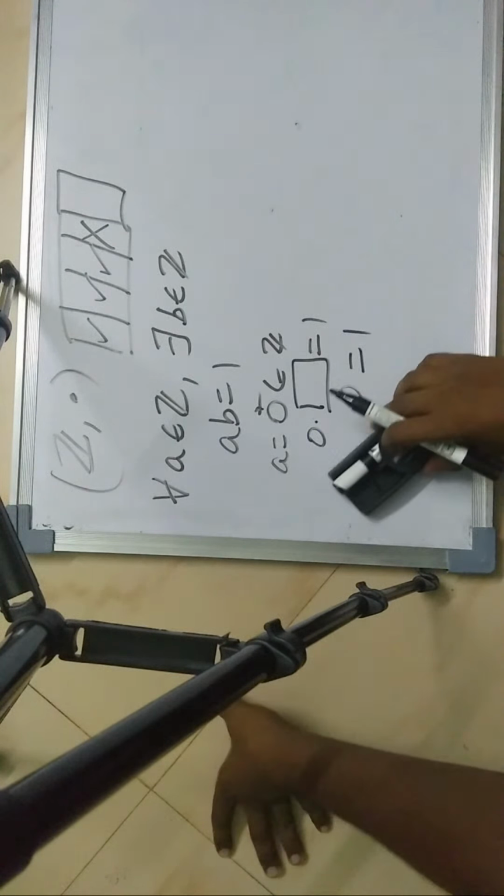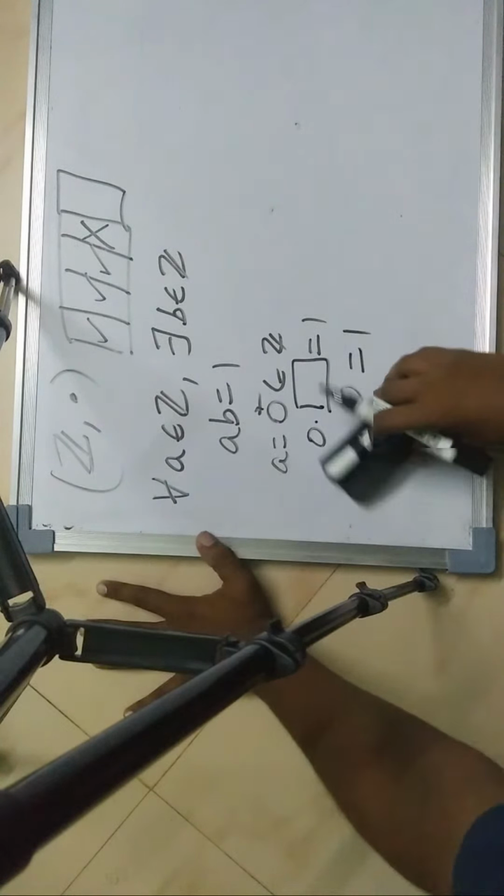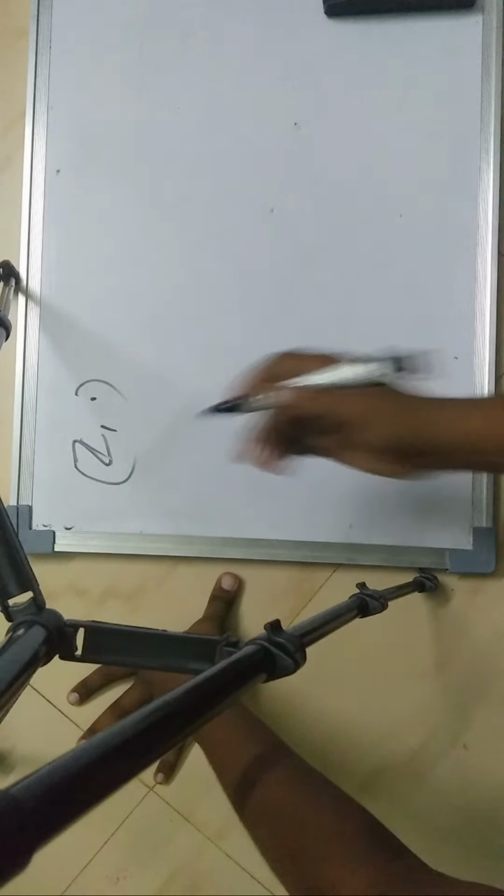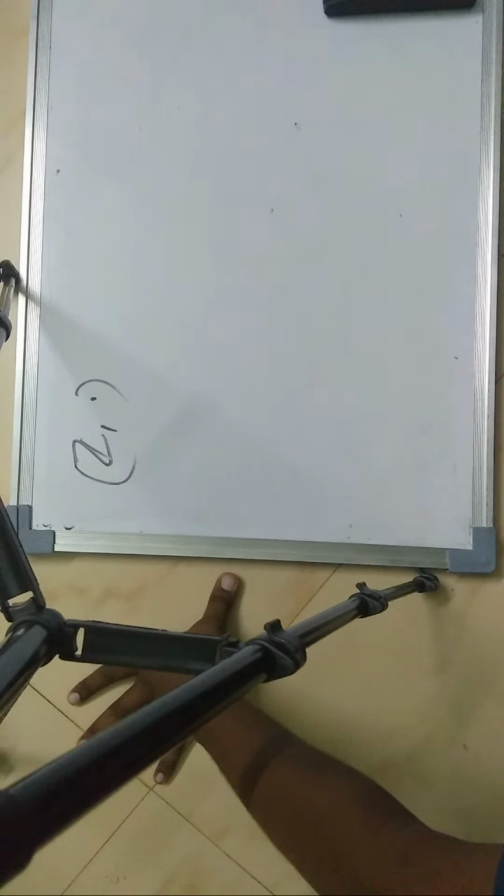So let us move on to the next example. And one more thing, in integers under multiplication, 0 does not have an inverse.